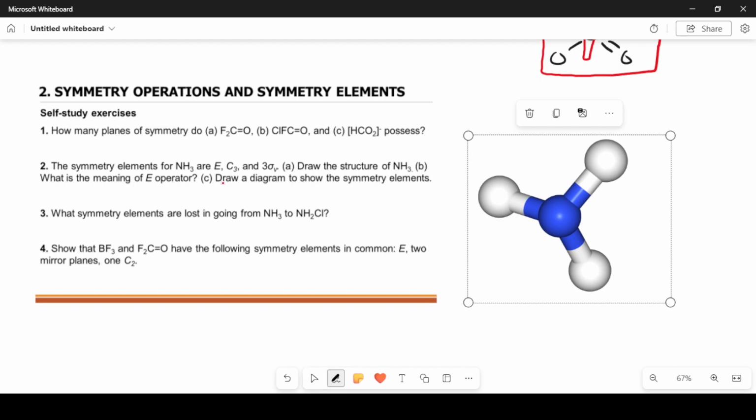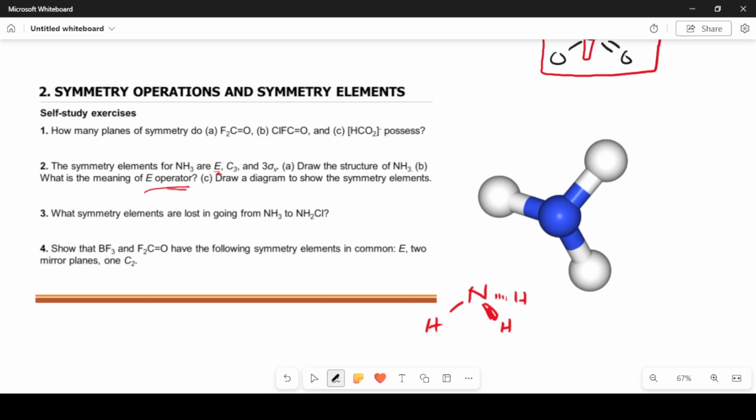So, let's look for the symmetry elements. E, of course, is identity. That is always present. What is the meaning of the E operator?